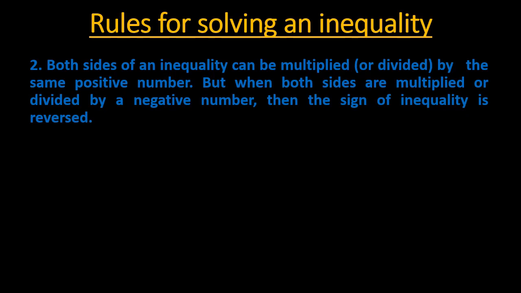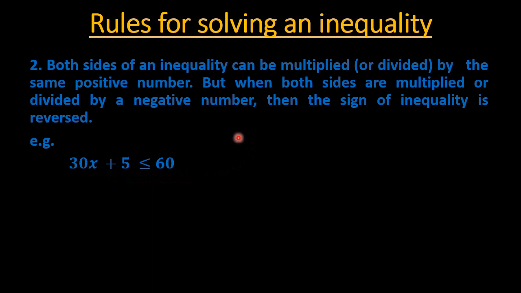But if we multiply or divide by a negative number on both sides, then the sign of inequality will be reversed. If it is greater than, then by multiplying with a negative number on both sides, it will become less than. For example, I have taken here a linear inequality in one variable, 30x plus 5 is less than or equal to 60.